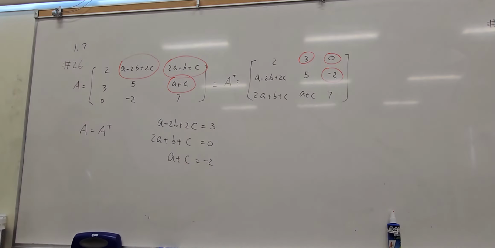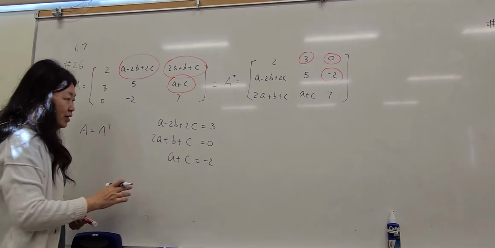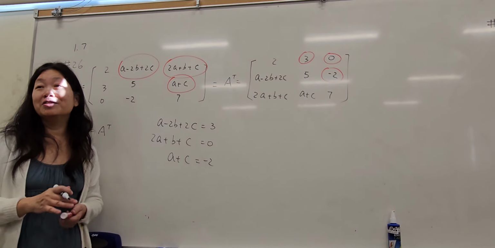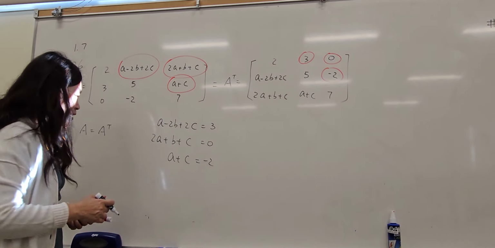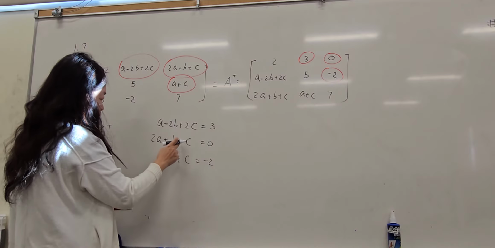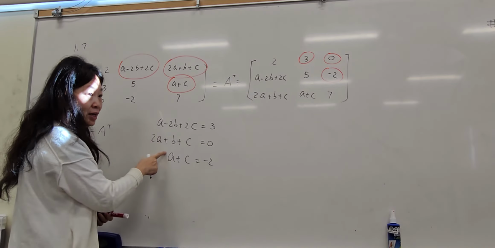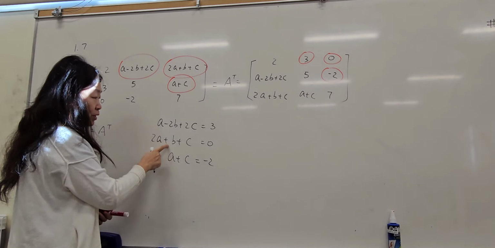Okay, so now let's see. Can you solve this equation? You can use elimination. You don't need to use Gaussian elimination. You can just use the normal elimination. Looks like this one has no b here, so you might want to take away your b.